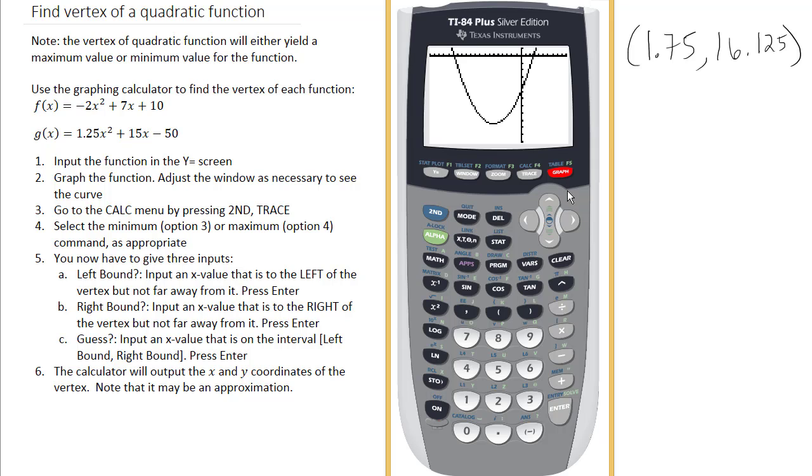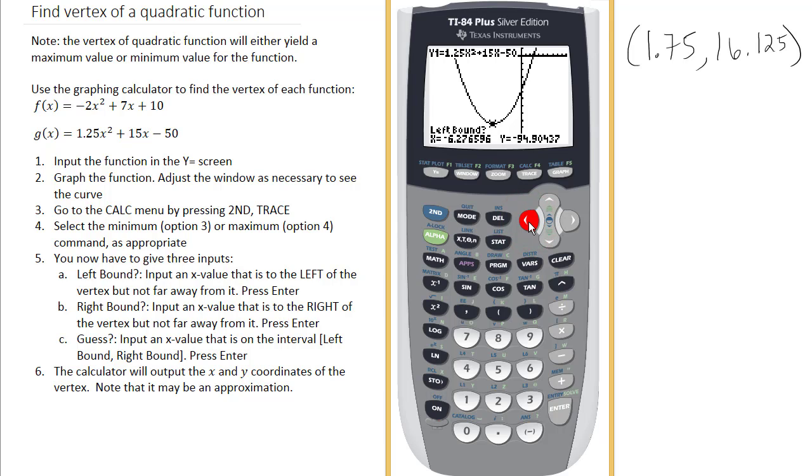Now that's a good picture. I can see all the important features of the curve, the x-intercepts, the y-intercept, and the vertex. So now I'll calculate the vertex. Since the parabola is opening up, the vertex is a minimum. Second, Calc, minimum. That's the third option. Hit Enter. So now, it looks like the vertex is around here.